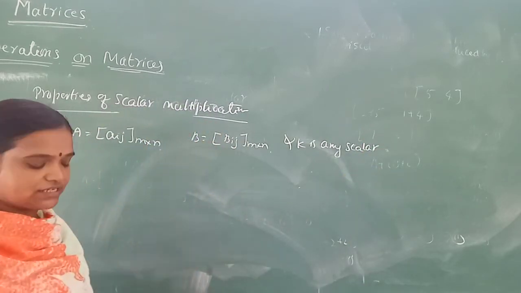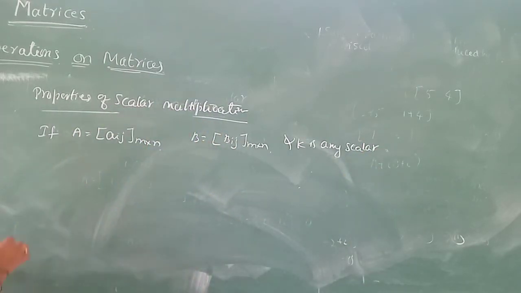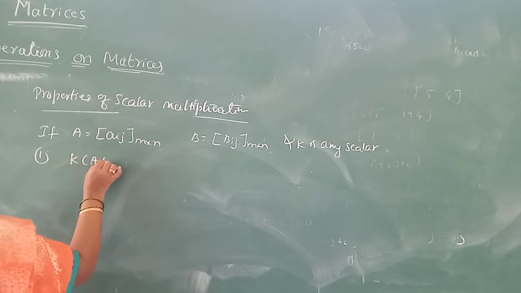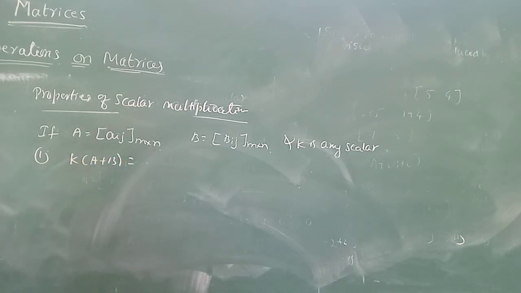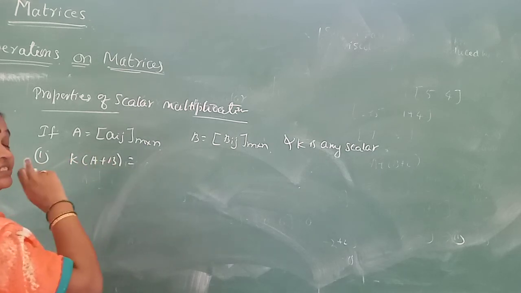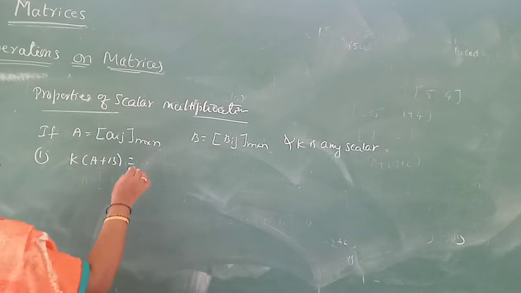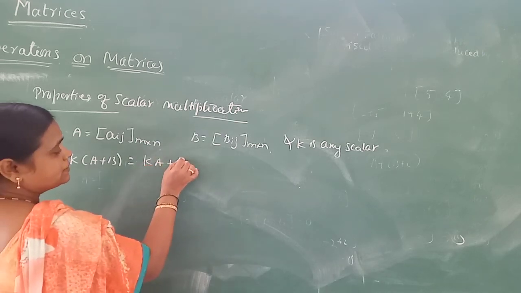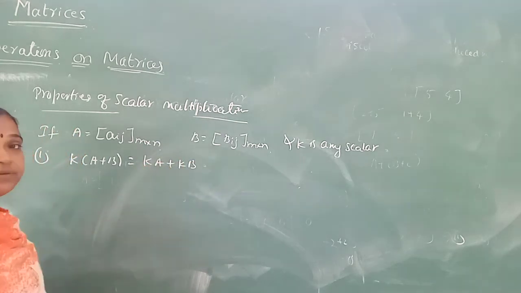Then first, K(A plus B). I'll take an example based on that. But remember, K(A plus B), according to the definition of scalar multiplication, K is multiplied by the first matrix A as well as the second matrix. Therefore we can write it as KA plus KB.